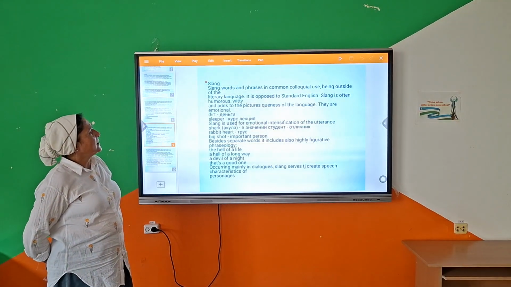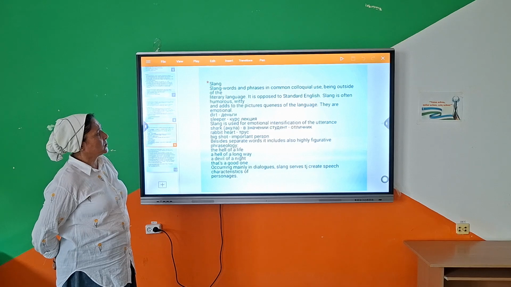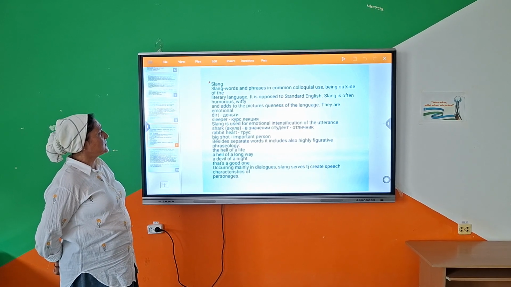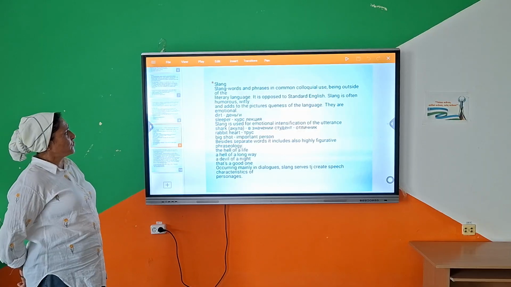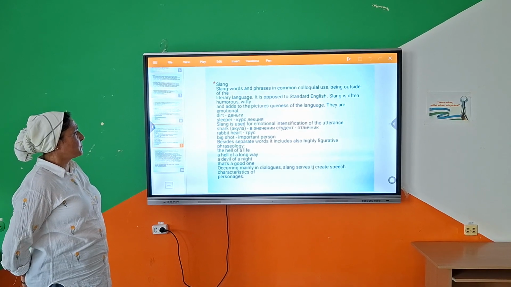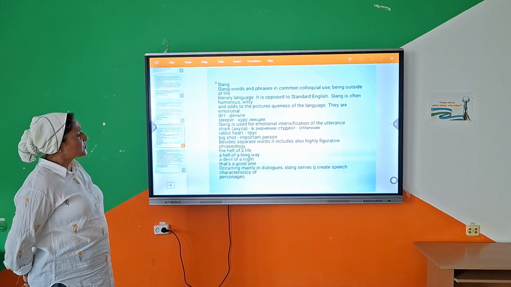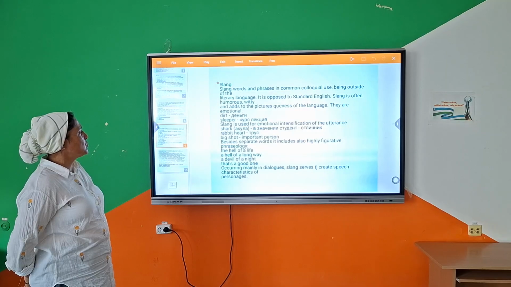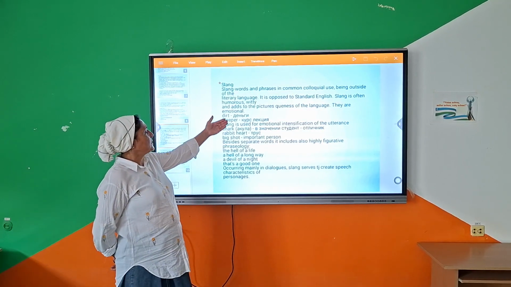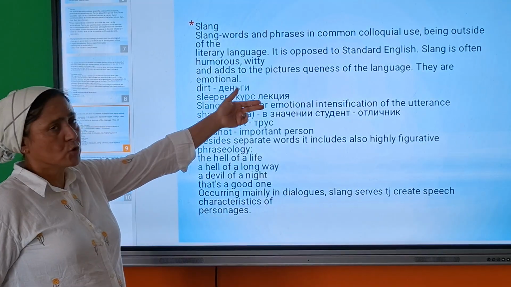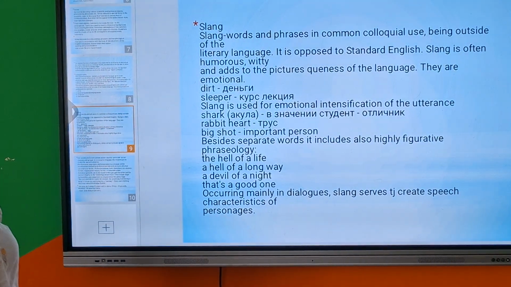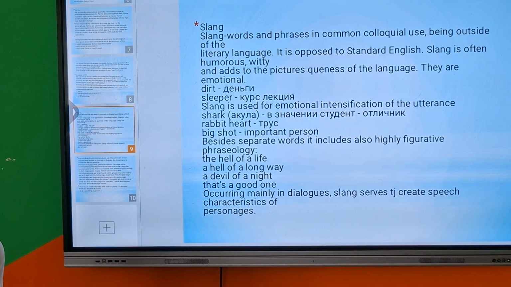So what is slang? Slang consists of words and phrases in common colloquial use outside of the literary language. It is opposed to standard English. Slang is often humorous, witty, and adds to the picturesqueness of the language. Slang words are emotional. For example, dirt means money, or sleeping bag means casual flexions. Slang is used for emotional intensification of the utterance.